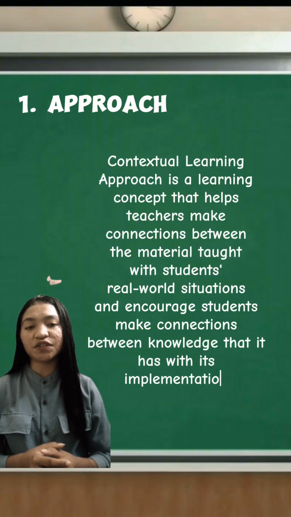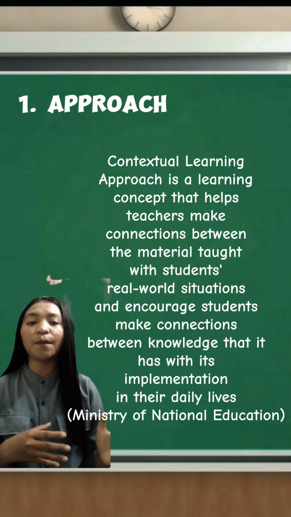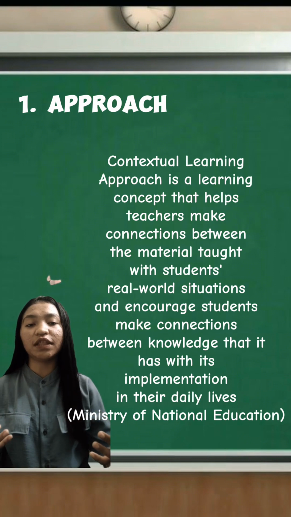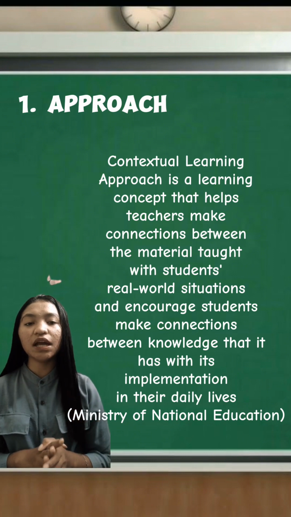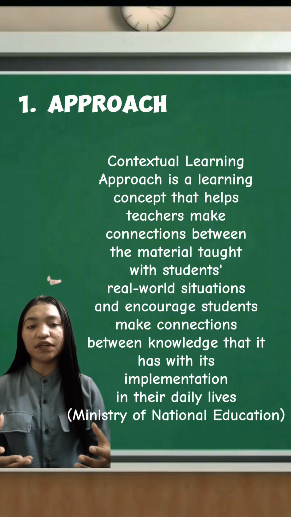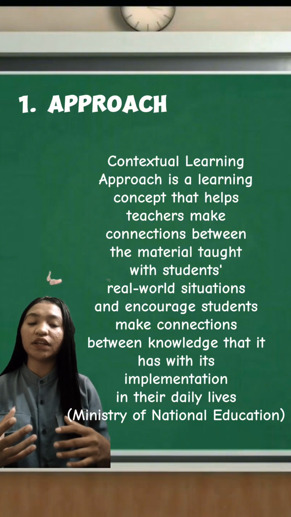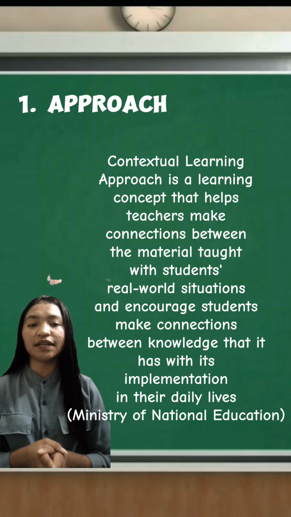The contextual learning approach is a learning concept that helps teachers make connections between the material taught and students' real-world situations, and encourages students to make connections between the knowledge they have and its implementation in their daily lives.